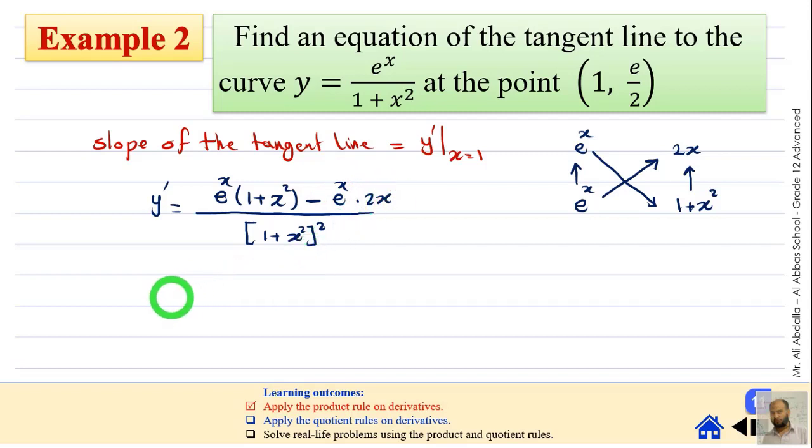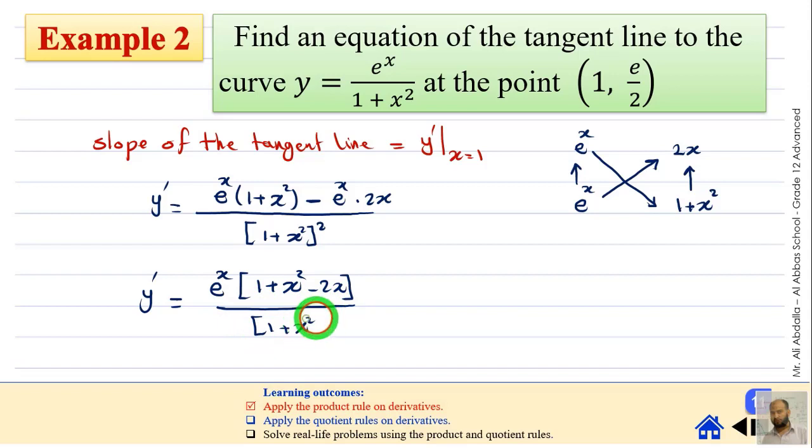Then we can simplify this derivative. Then we have y' equals e to the power x times 1 plus x to the power 2 minus 2x, over 1 plus x to the power 2, all to the power 2.